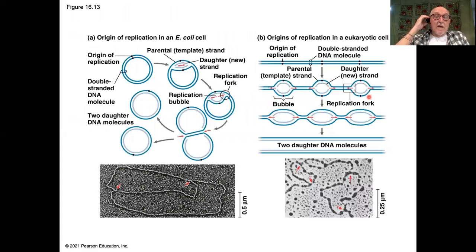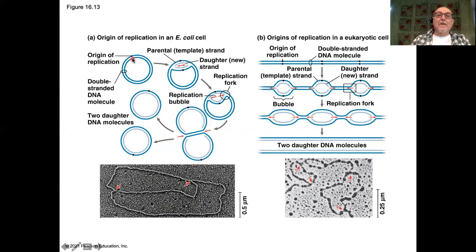So here is how the origins of replication work. This is a beautiful electron micrograph of a replicating bacterial chromosome. And what you notice is there's a Y shape, and that is called the replication fork, and this is how it's produced.